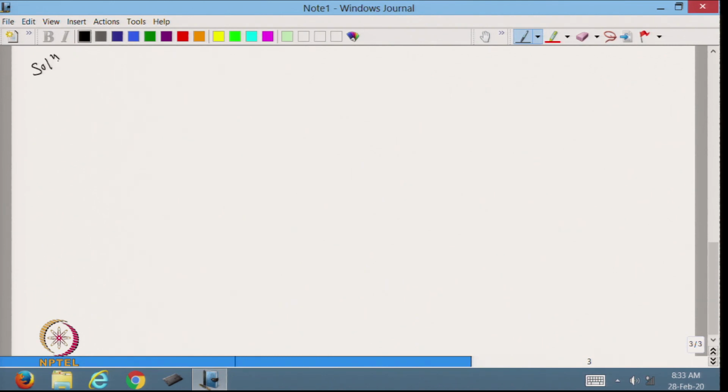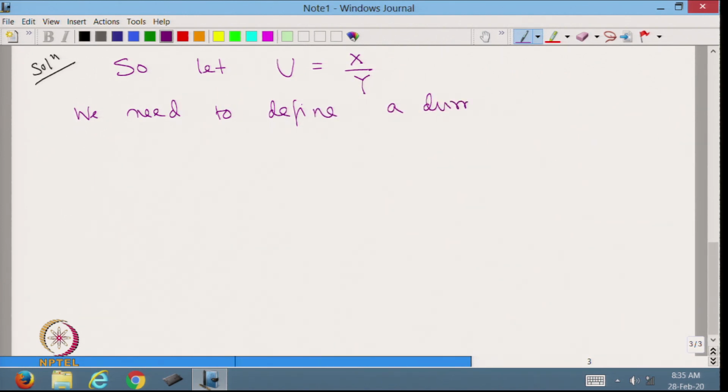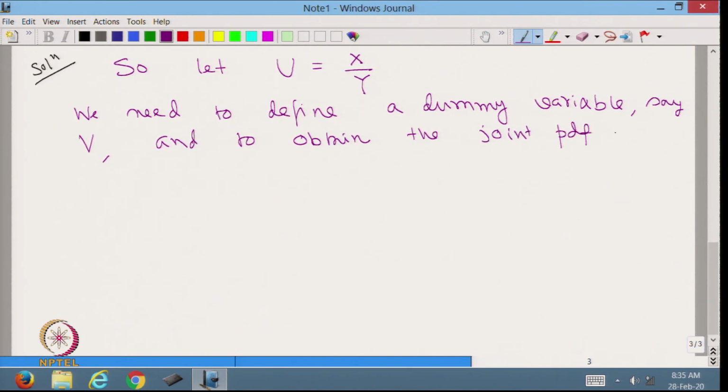Solution. Let u be equal to x by y. We need to define a dummy variable, say v, to obtain the joint PDF of u and v.